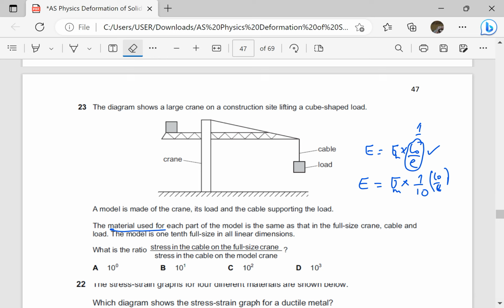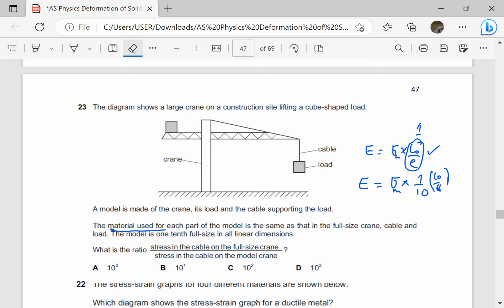The model is 1/10 full size in all linear dimensions. So for the full size, Young modulus is stress times original length over extension E. Then for the model, Young modulus is going to be stress of the model times 1/10.